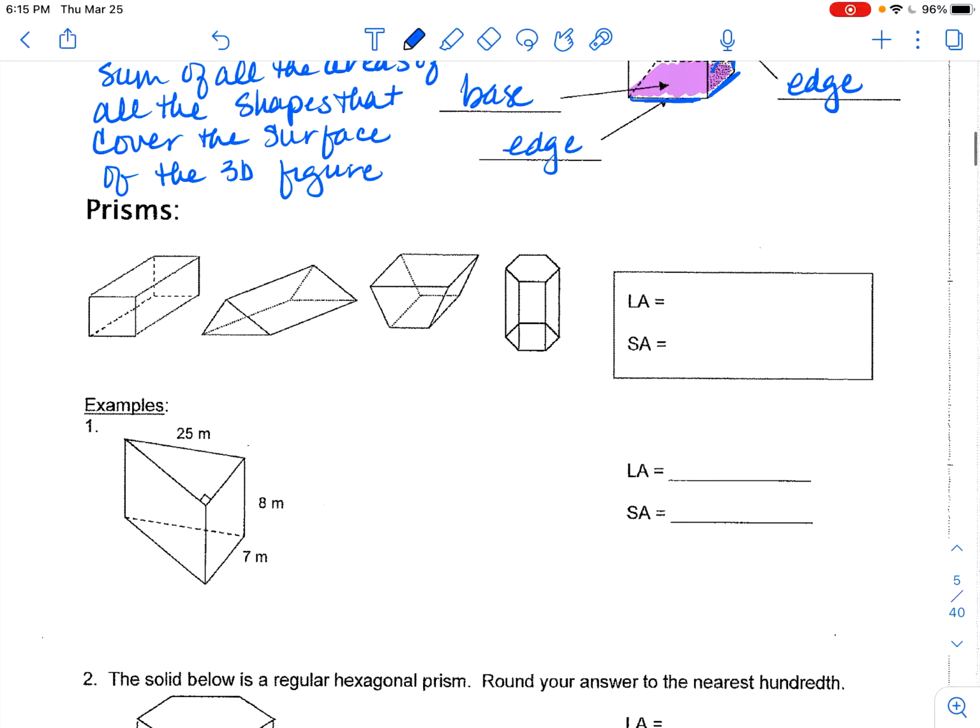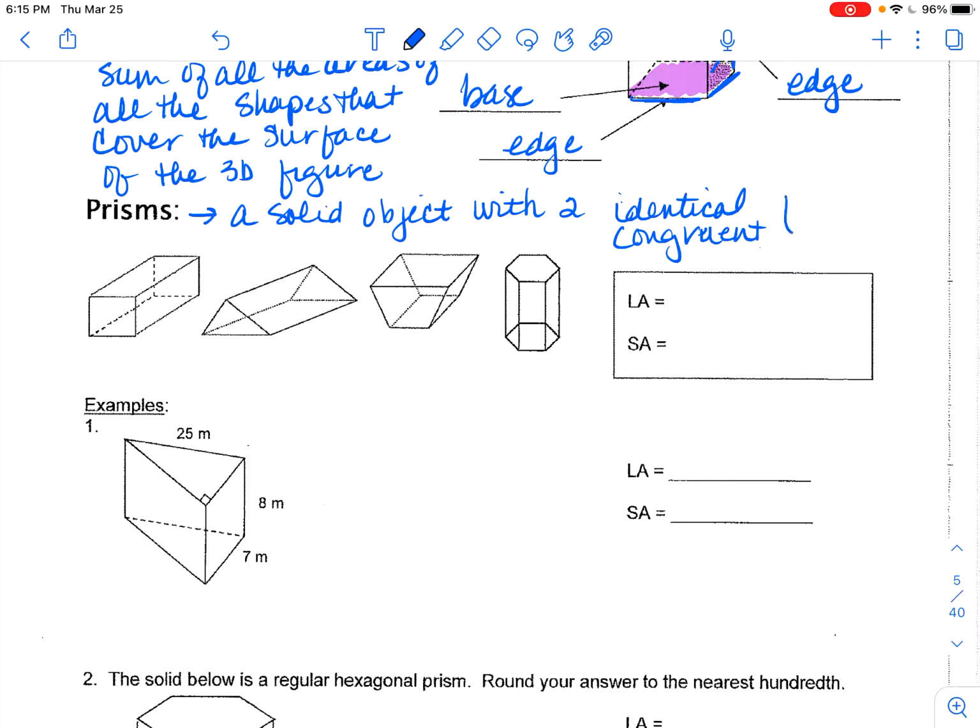Here are some different prisms, and we know from the last video that a prism is a solid object with two identical, or we can say congruent, flat bases.